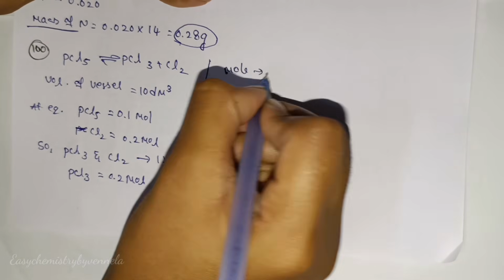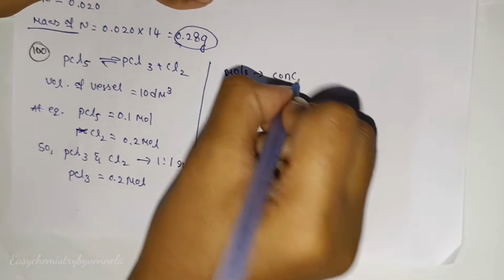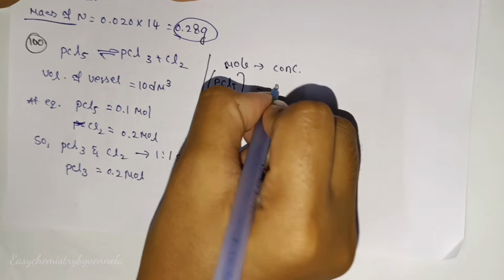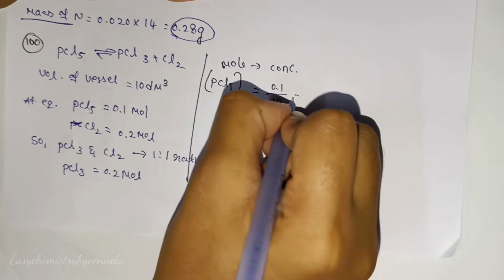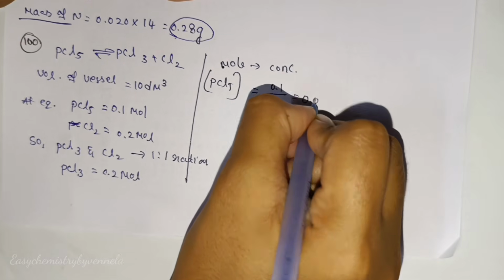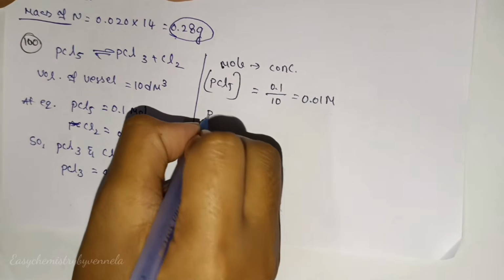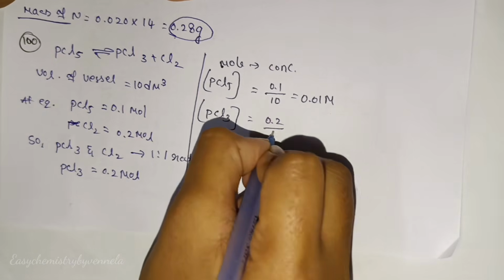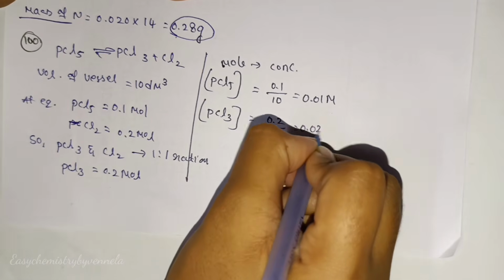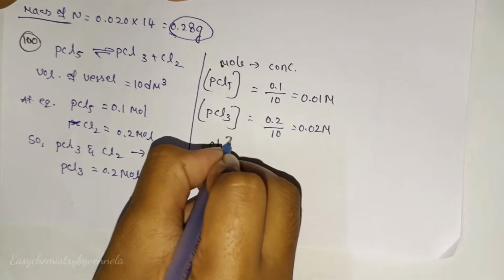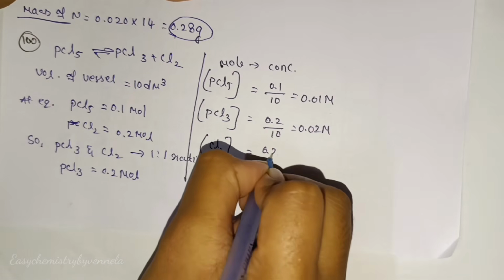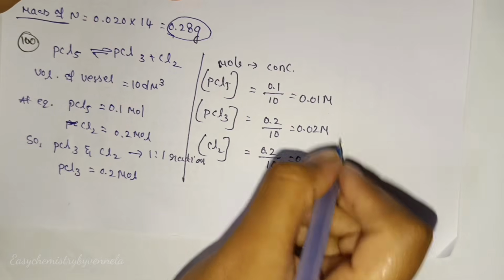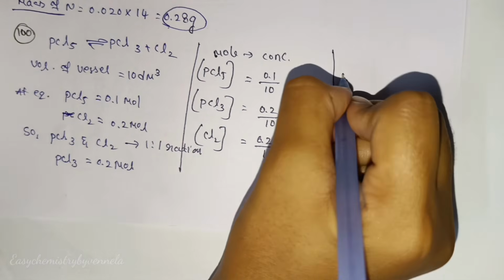PCl5 is equal to 0.1 by 10, that is 0.01. Next, PCl3, 0.2 by 10, 0.02 M. Cl2, 0.2 by 10, 0.02.